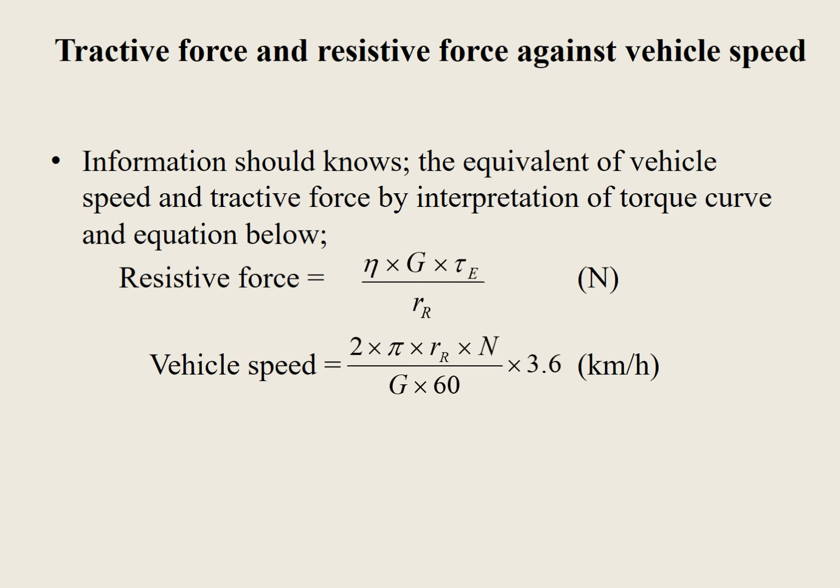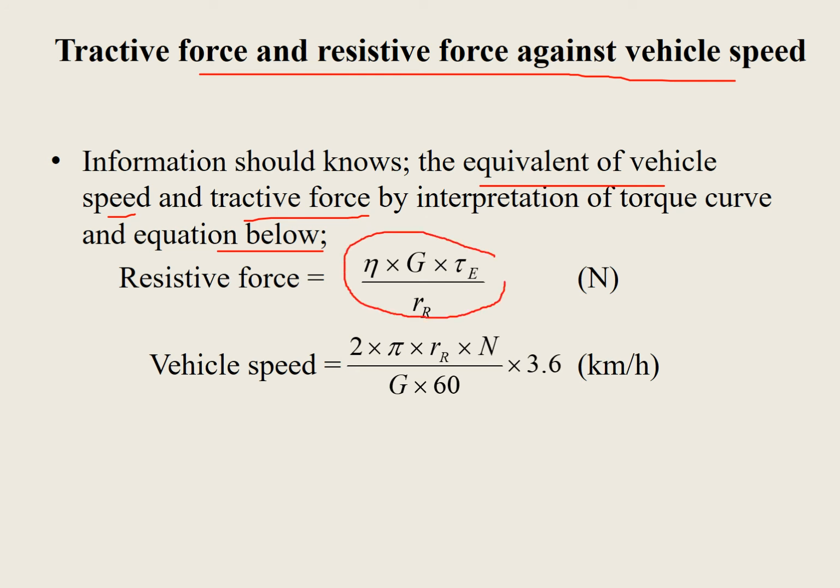For tractive force and resistive force against vehicle speed, we should know the equivalent vehicle speed and the tractive force by interpretation of the torque curve and the equation below. So the resistive forces can be calculated with this formula in Newtons, and the vehicle speed can be obtained from this formula in kilometers per hour.